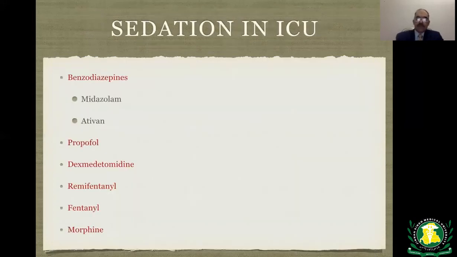Now, sedation in ICU. All these patients who are on the ventilator need sedation. The most commonly used drugs include benzodiazepine, propofol, Precedex, remifentanil, fentanyl, and morphine. Benzodiazepines we don't use too much; we mostly use propofol and Precedex.